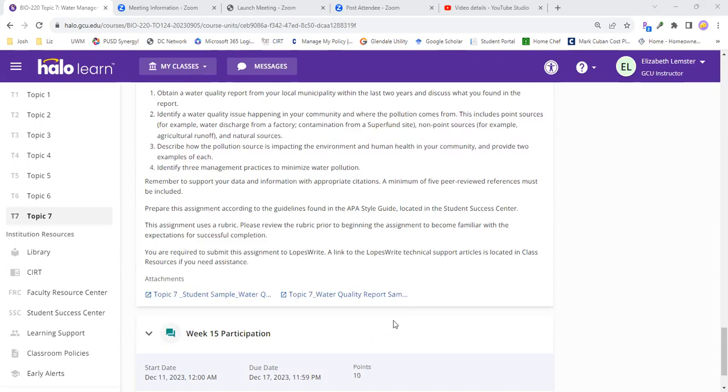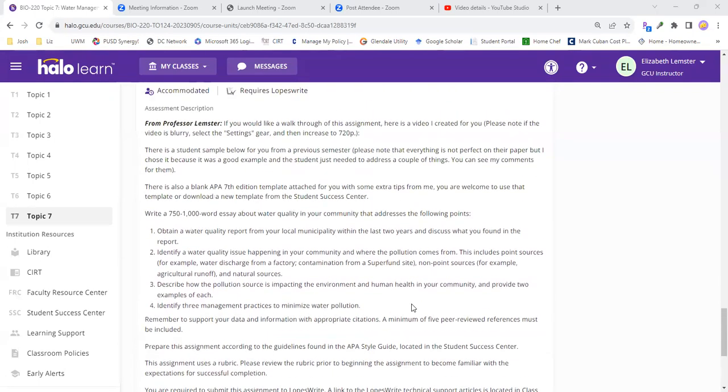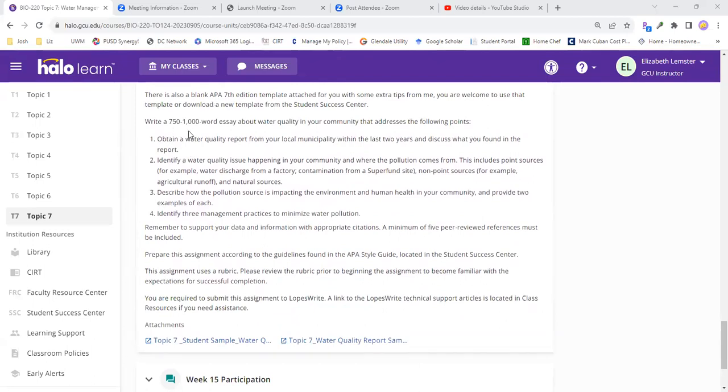assignment. What we are doing for this assignment is we are writing a 750 to 1,000 word essay. So what we're looking at there would be about 3 to 4 pages, not including the references page and not including page 1. We are going to find a water quality report from our local community.